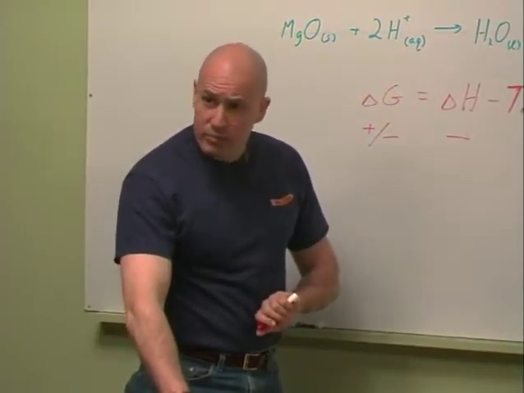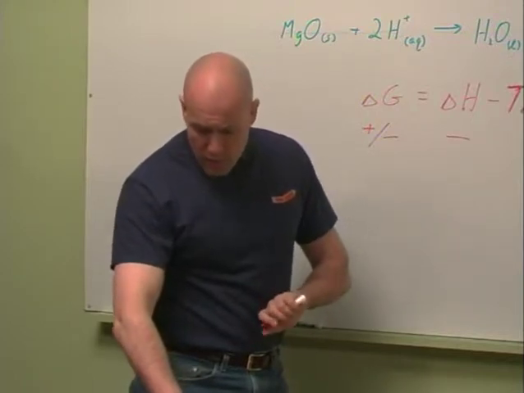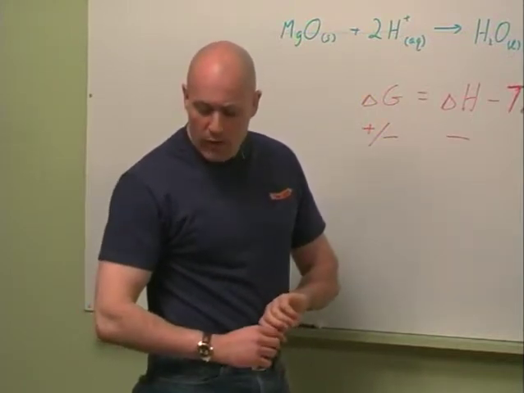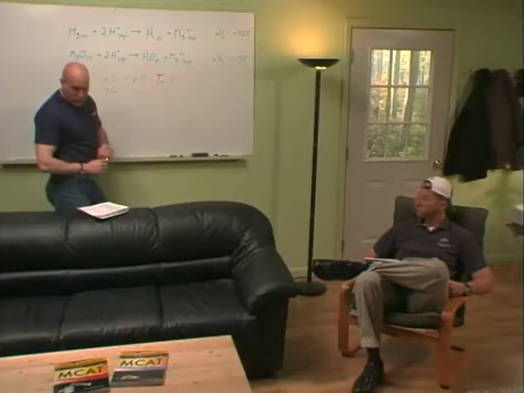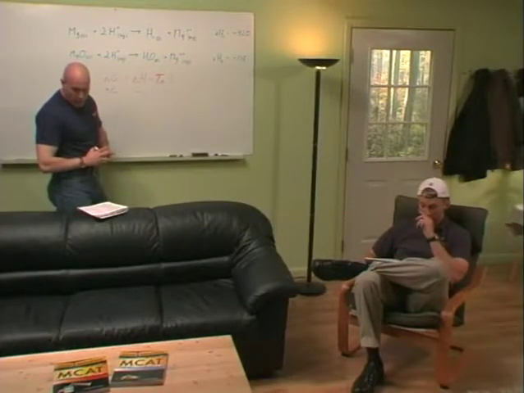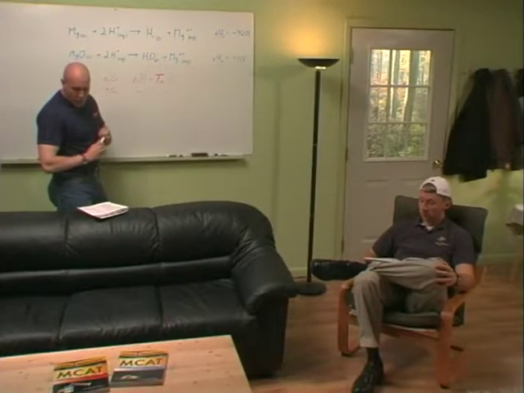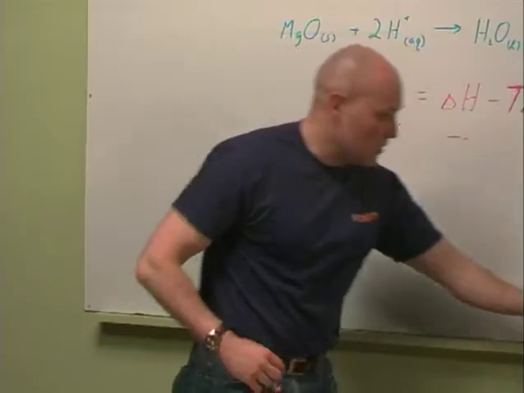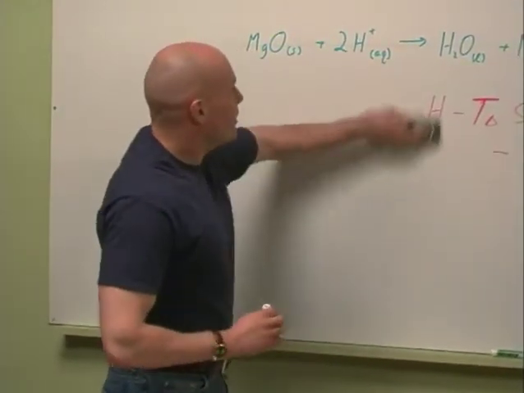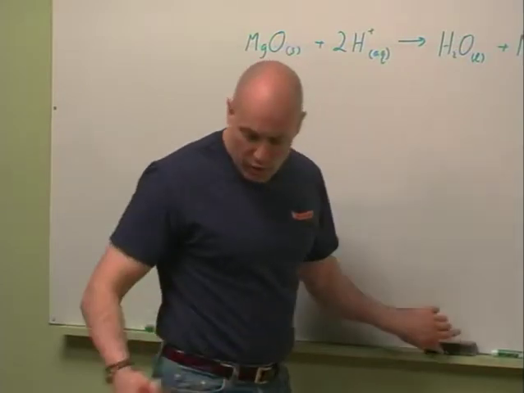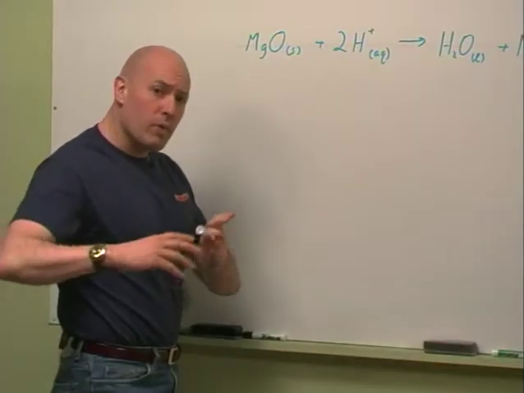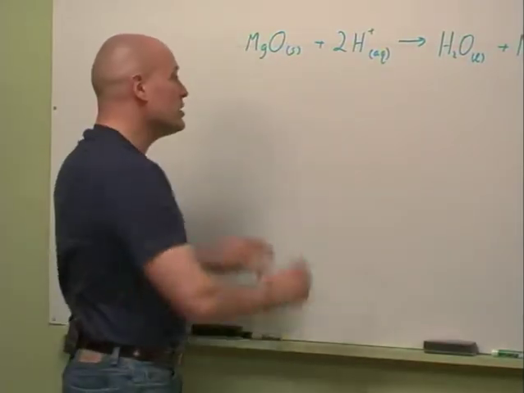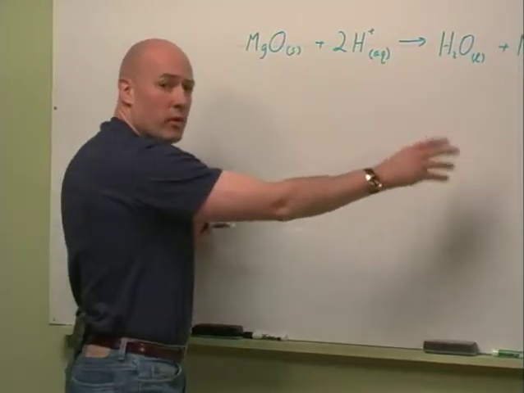Question 46. The enthalpy of formation of liquid water is negative 285 kilojoules per mole. According to the student's experiment, it can be determined that the enthalpy of formation of MgO solid is, all right, if we take a look at this, they gave us a hint in the passage, the enthalpy of formation of water. Enthalpy of formation of any compound is taking its elements and forming that compound.